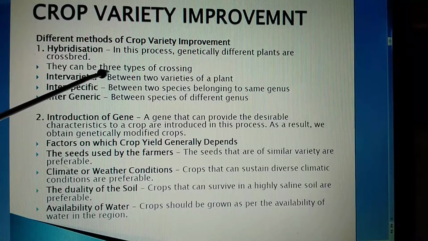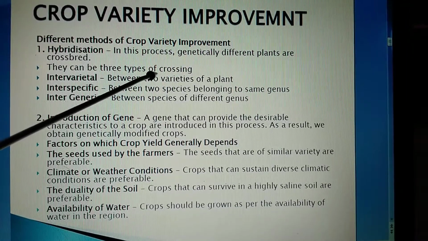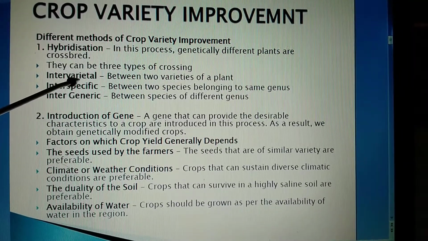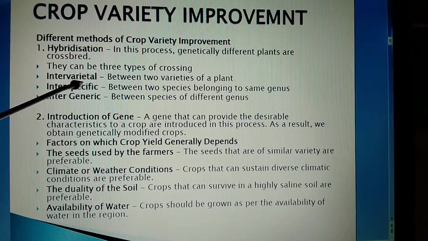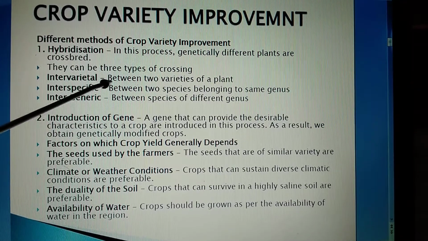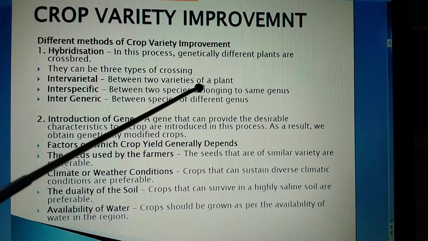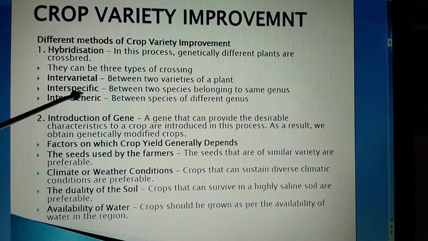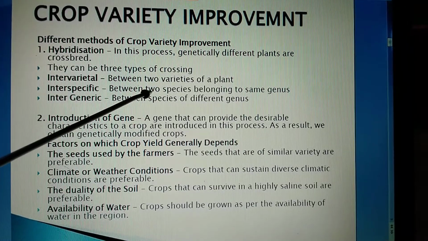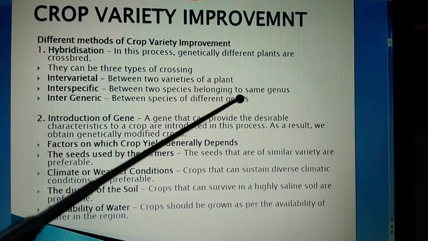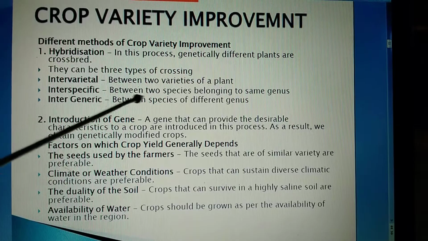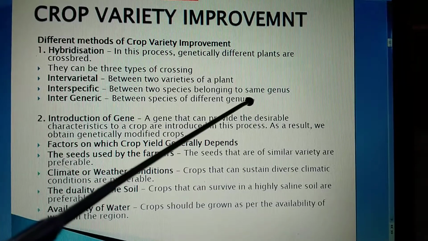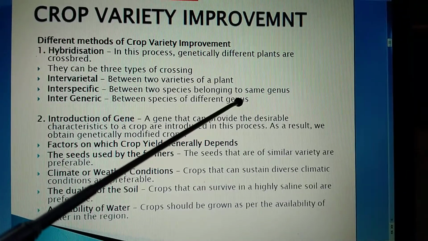This can be done with the help of three types of crossing. First is intervarietal, which means the crossing is done between two different varieties of a plant. Next is interspecific, where plants of two different species of the same genus are crossbred together.